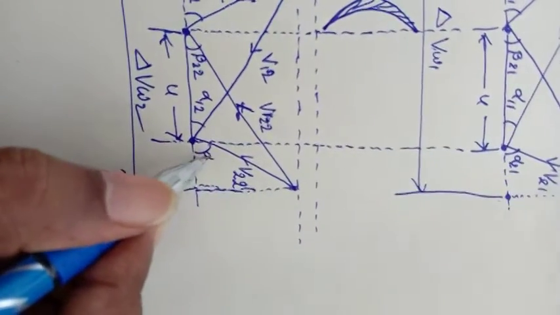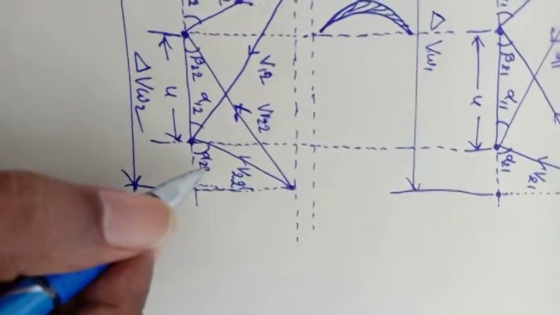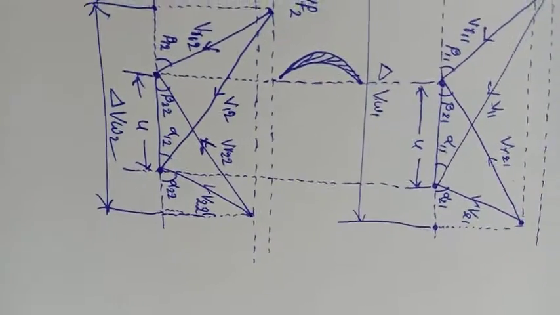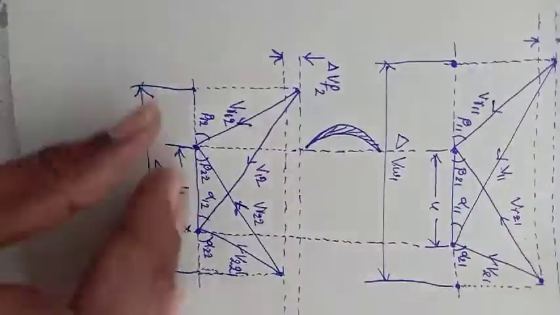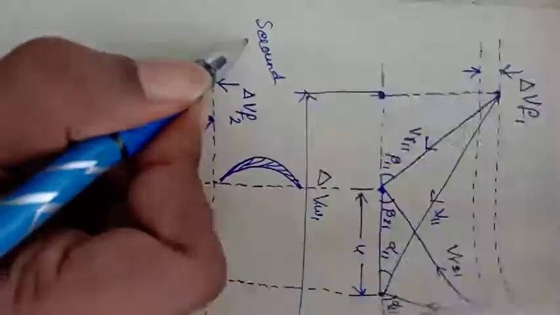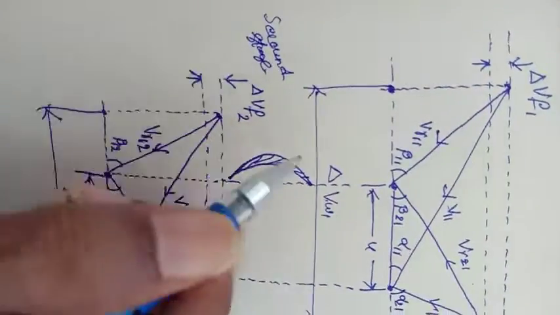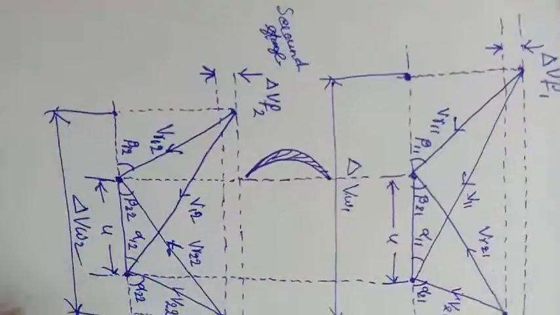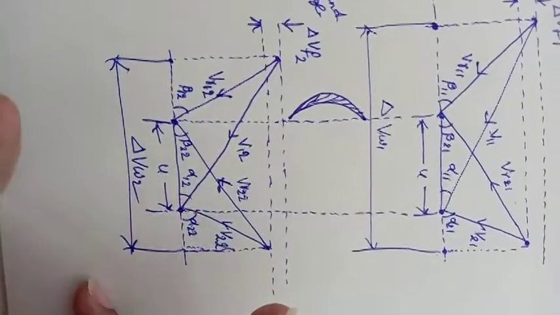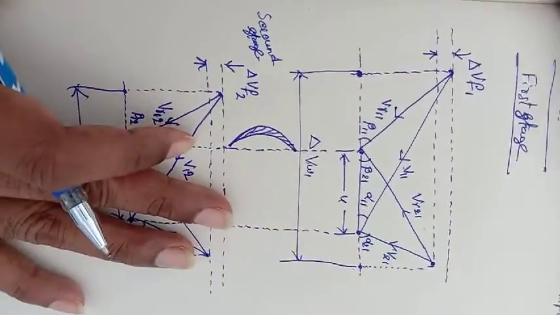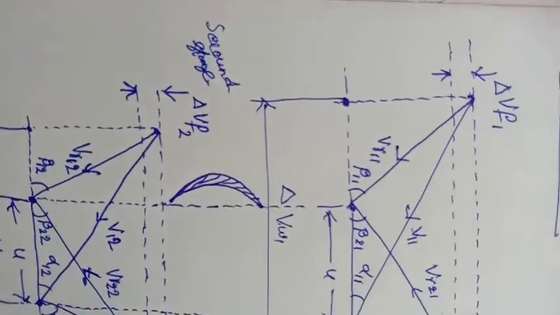So finally we got the stages. This is called the second stage. Okay, so this is the compound of the velocity diagrams. You can draw like this. Okay, now we are going to draw the problems in the next class. Okay, thank you.